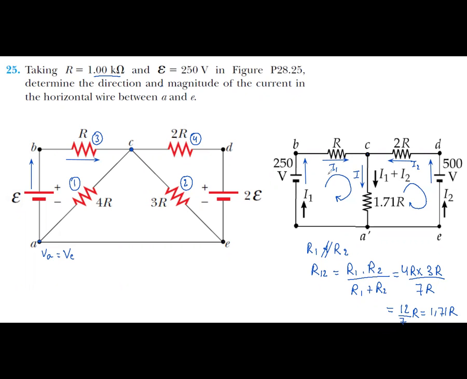Let me put the positive and negative. We take plus to minus, plus to minus, plus to minus, and here, be careful here. No. Here we don't have a current.